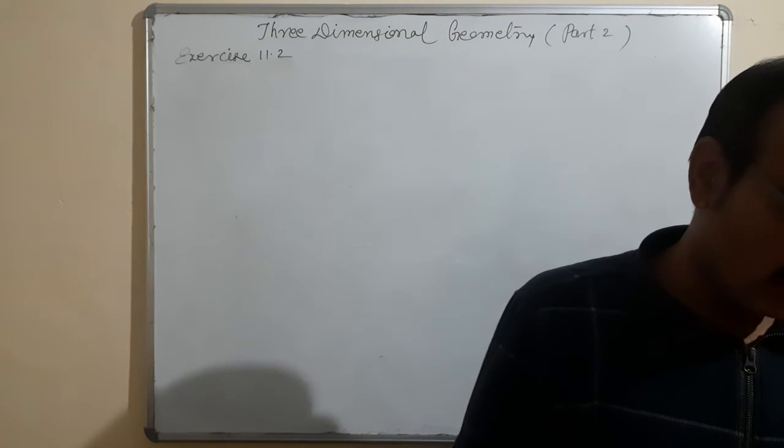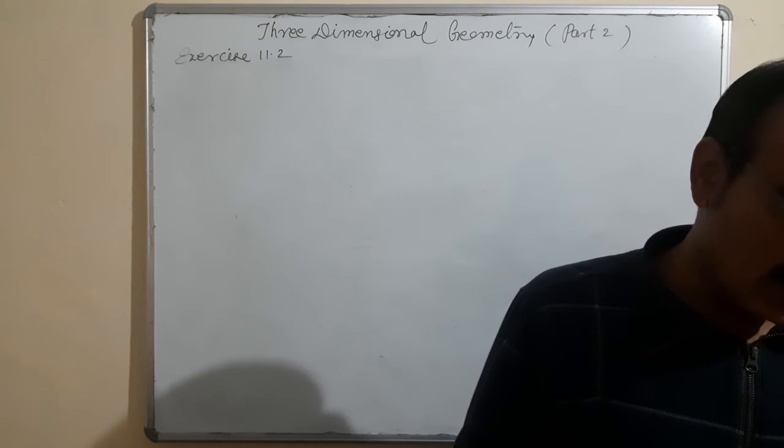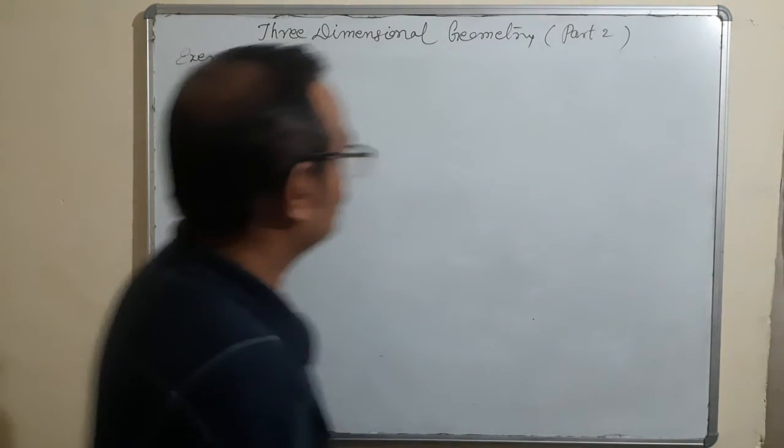Number 12: find the value of p so that the lines are at right angles. This question I am going to solve.